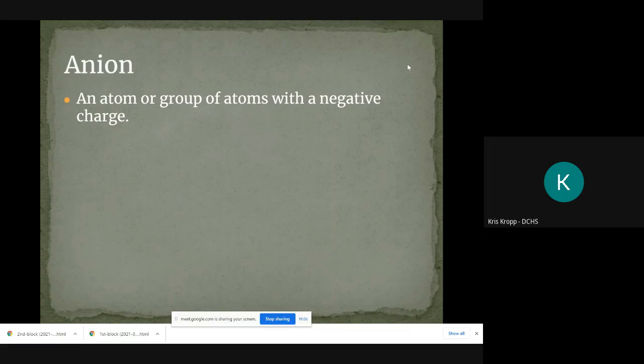Anions are negative ions. Anions, negative ions, negative charges. Okay.